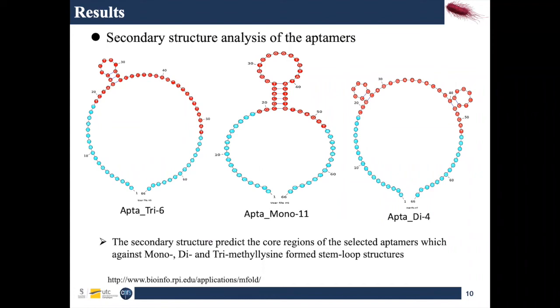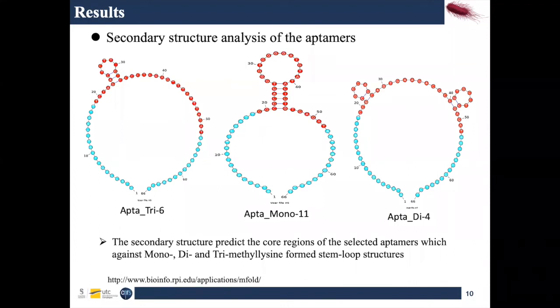We can make a hypothesis that this type of stem loop structure may play an important role in target recognition, for binding capacity, and also for the interactions of the aptamers and their specific target, the different types of methylation.